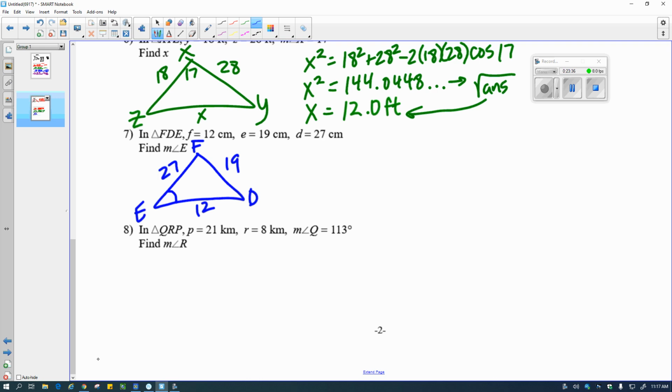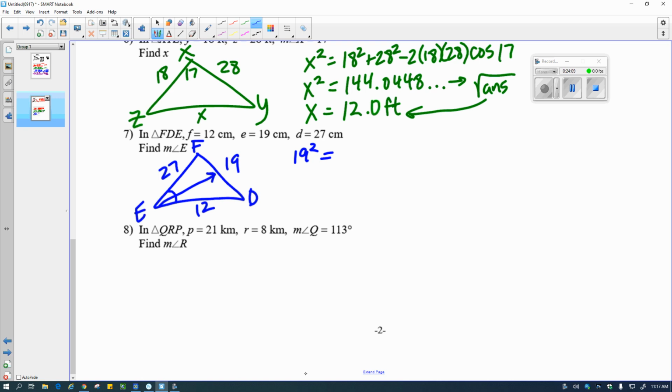The angle that I'm finding is important to know. I have to pick an angle in order for me to set this up properly. It's important that you're careful about where you're putting your information. Because I'm finding angle E, side E is the one that has to go on the left-hand side all by itself. I can't just randomly put any side that I want.